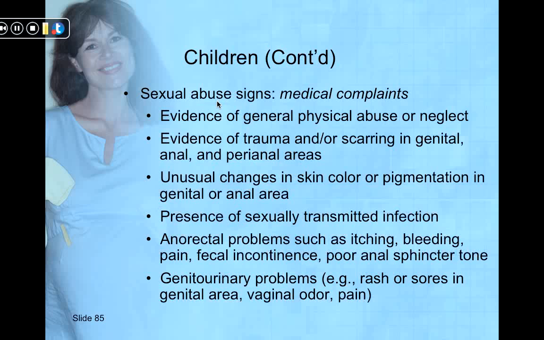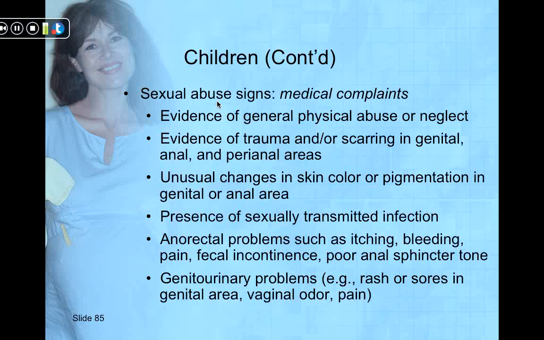This goes into sexual abuse signs. If they're neglected or abused in other ways, don't think that sexual abuse certainly can't be part of that. If they have evidence of trauma or scarring to their genital, anal, or perianal areas, if they have something like genital warts or something that just shouldn't be in that area at their age, molluscum contagiosum is another viral one.